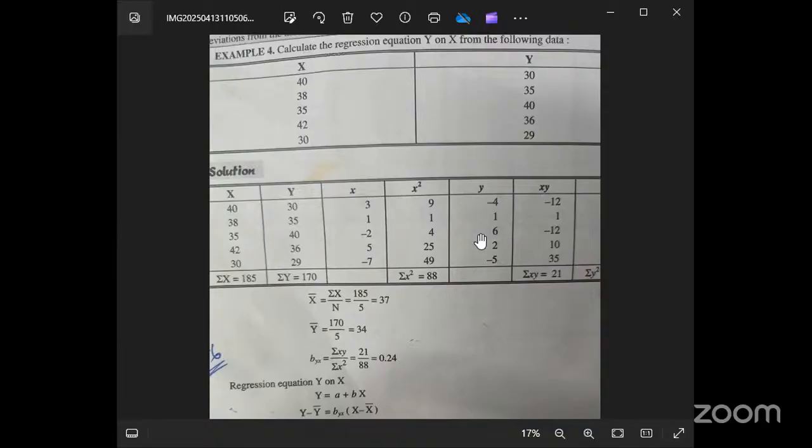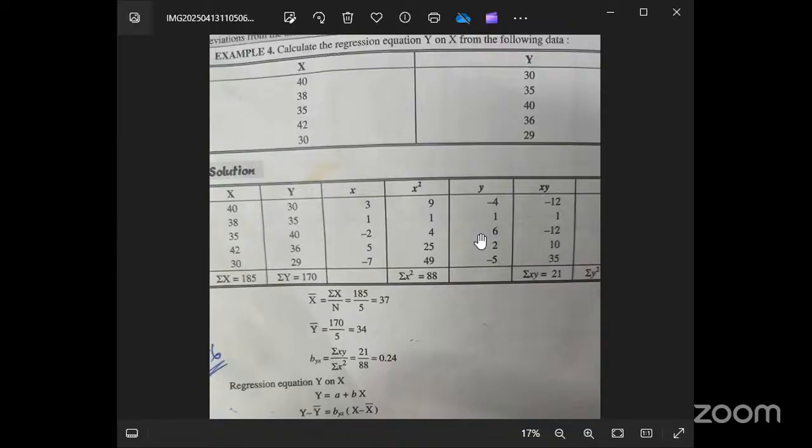So sigma x equals 185. Whereas y, 30 plus 35 plus 40 plus 36 plus 29, which gives us 170 as sigma y. Now after these totals, we need to find out what is x bar and what is y bar.